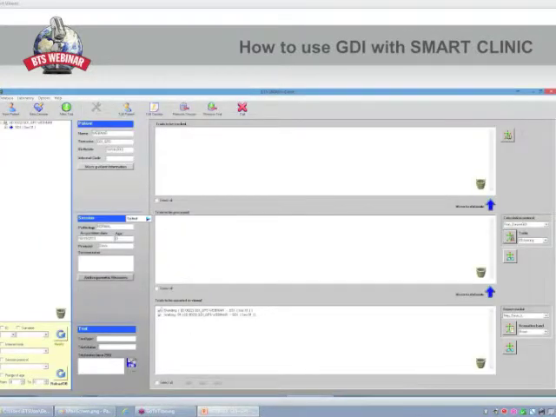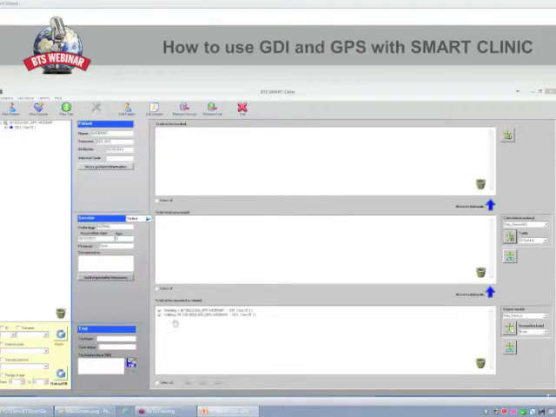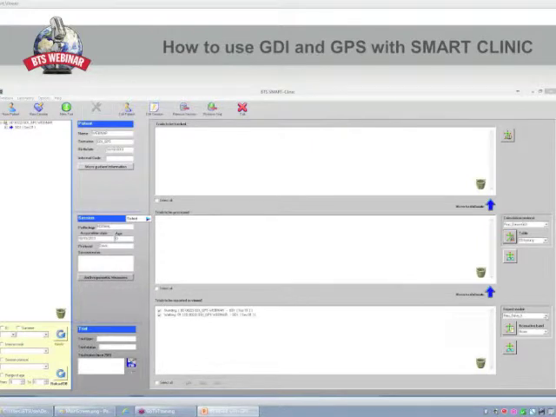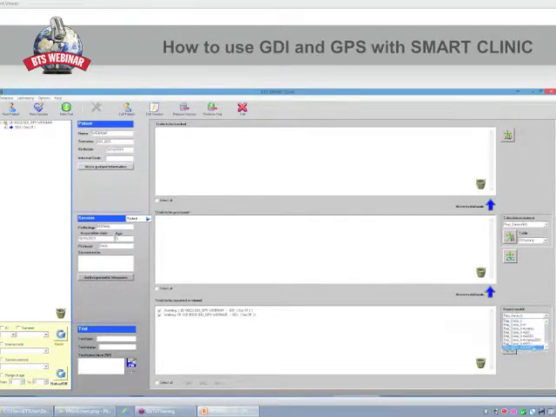Okay, so now that the two trials are loaded within the trials available for the report, the next step is to select the desired trial and to select the desired report that you want to use. Now I'm going to choose one of the available ones which contains the information also about the GDI.